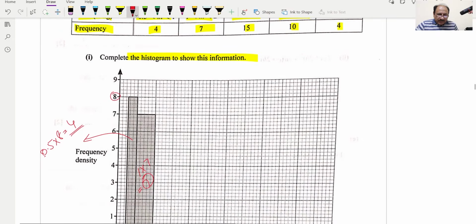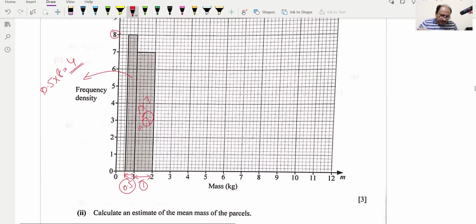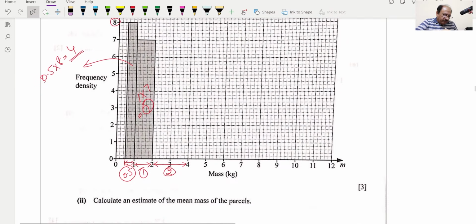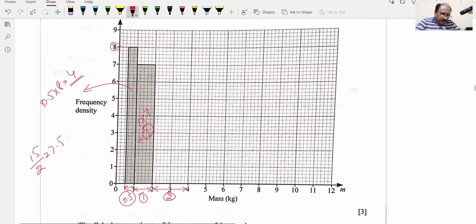Next is 2 to 4, which is 15. 2 to 4 will be this one, which is 2 units. So we will divide 15 by 2. So 15 divided by 2 will be 7.5. So the height we will take will be 7.5, and we can take height 7.5 up to this one, and we can draw over here, and this will be our histogram bar.